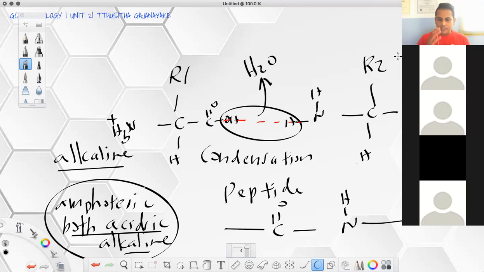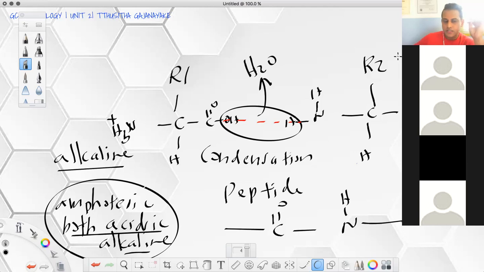To get the real property of the protein, it has to change shape. Based on the changing shape of the protein, we can categorize protein into several levels: first level, second level, third level, and fourth level.